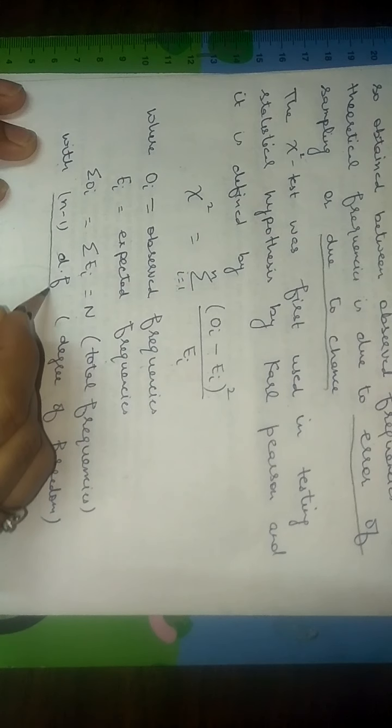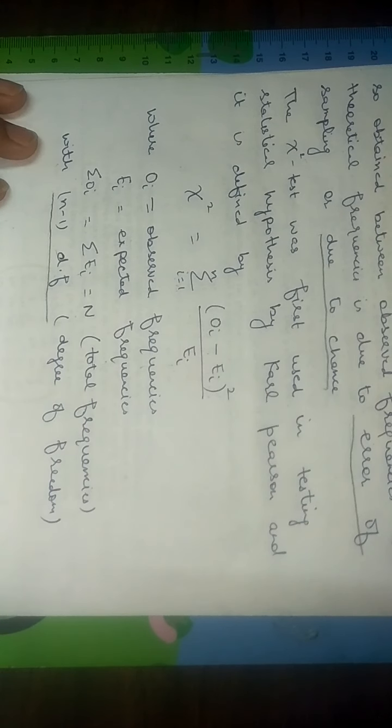This is the most important thing in chi-square: here we define the degrees of freedom as n minus 1.